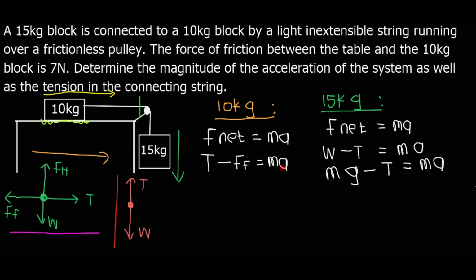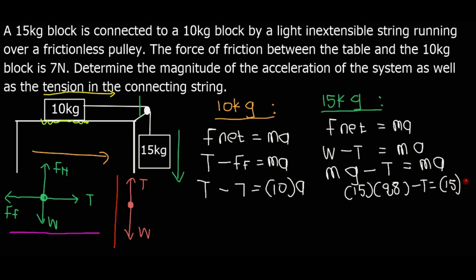And then now let's substitute here. We have tension minus friction, they gave us that friction is 7, and the mass is 10, and then acceleration. So we do the same thing for the other one and substitute. The mass is 15 and g is 9.8, minus T equals 15 times a. So now let's make T the subject of the formula.